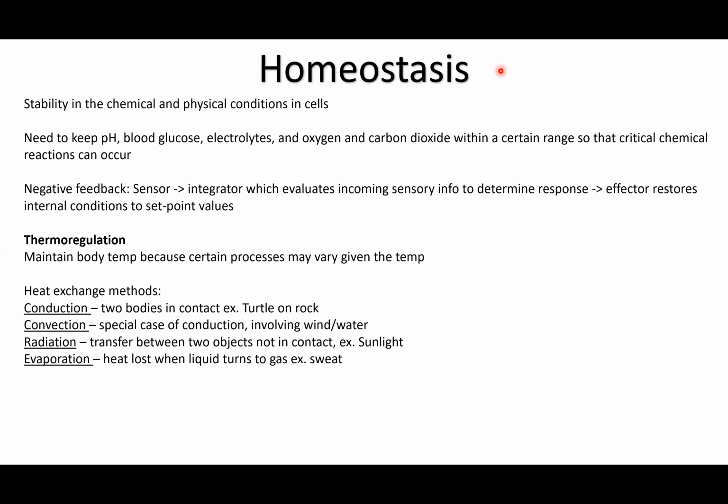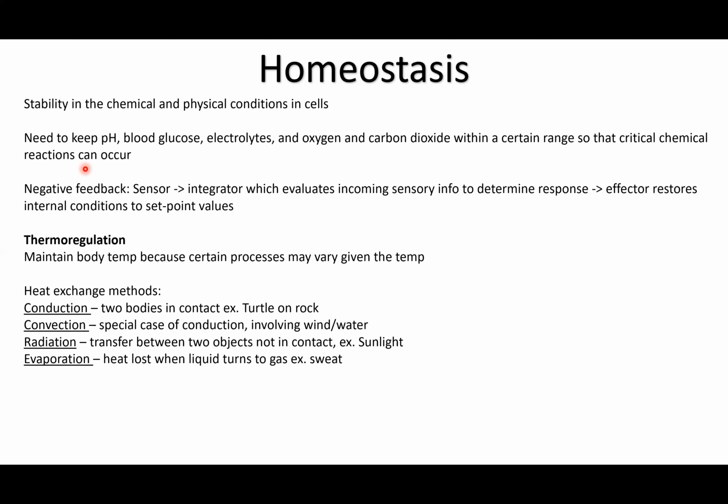Next is homeostasis. So there's a need to have stability of chemical and physical conditions in cells. So we need to keep the pH, the blood glucose, the electrolytes, and oxygen and carbon dioxide within a certain range so that critical chemical reactions can occur.